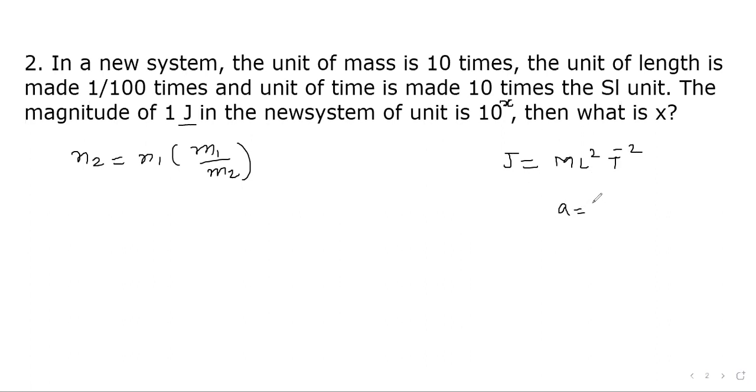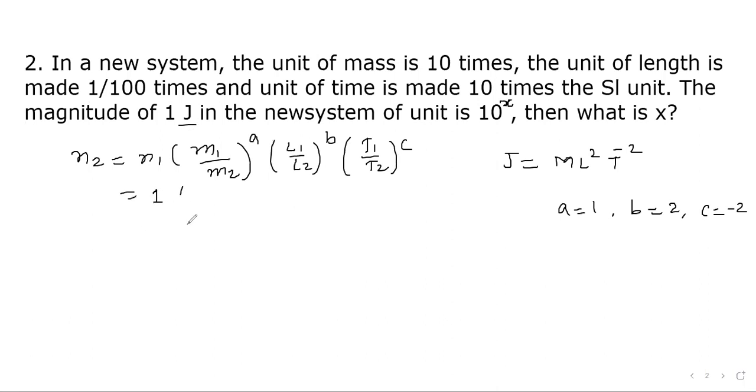So we can say A equal to the power of M, that is 1, B equal to the power of L, that is 2, and C equal to -2. We put these values here: M1 upon M2 power A, then L1 upon L2 power B, and then T1 upon T2 power C. Here n1 is 1 joule, so 1 times M1, the SI unit value, 1 kg divided by 10 kg, since mass is made 10 times in the new unit, power 1.